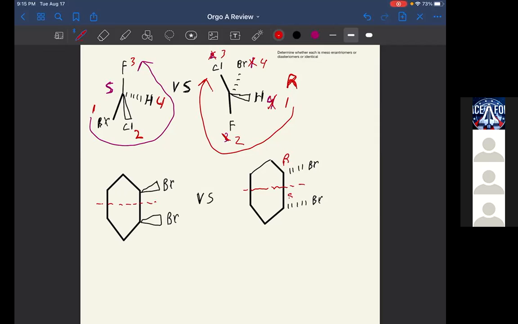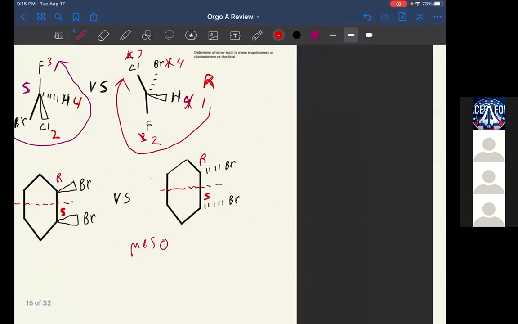This is R, this is S, this is R, this is S. So these are actually meso compounds, which means they're not enantiomers, they're actually identical compounds. They just look different from one another. So these are meso. Does that kind of make sense? Yeah, I think so.